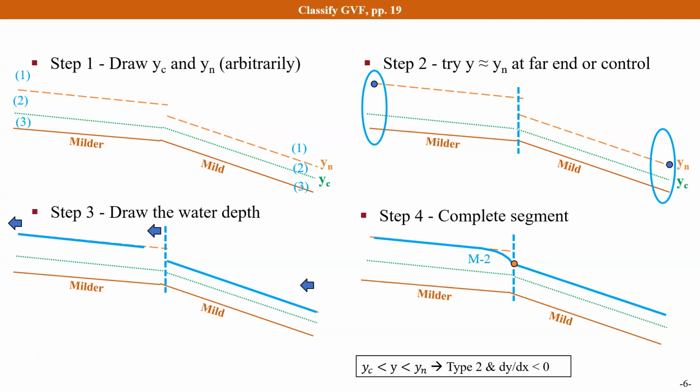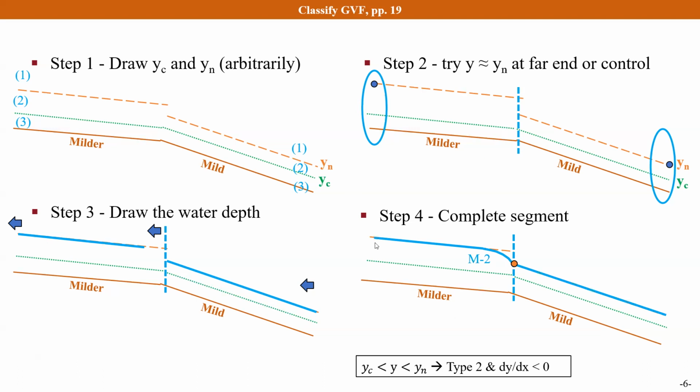Because the transition point, which is represented by the orange dot, is located in the middle of the critical depth and the normal depth in the upstream, the curve should follow type 2.